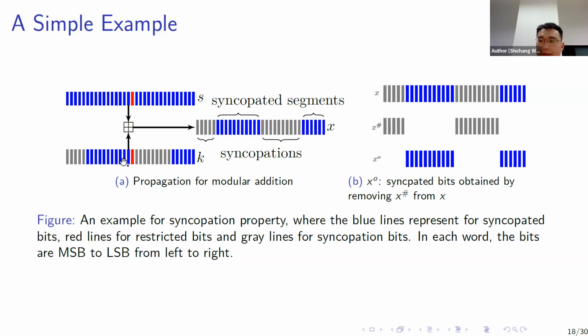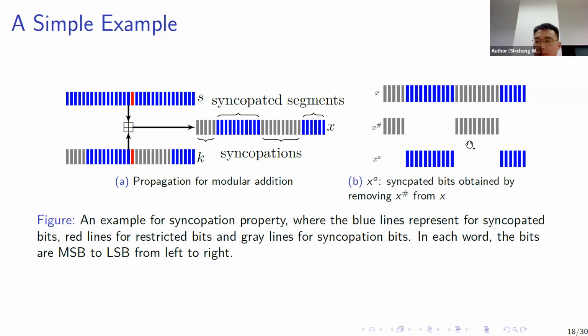In the word key, we set pin bits to syncopation bits and other bits to syncopated bits according to the syncopation technique, and the condition that the 15 bits of key equal the 15 bits of s, which are labeled on the right. Then all the syncopated segments in x only depend on the syncopated segments of key and s, which are labeled by blue.